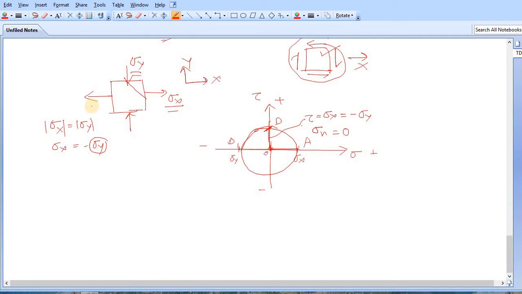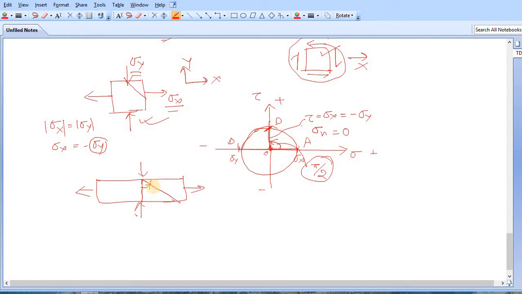And if I ask you to find the plane in the actual body, obviously you can do this. How? You have to simply draw the plane. You know that, let's say this was the original plane, and you get this plane by rotating the radius anticlockwise by pi by 2 in the circle, and in the actual body it will be pi by 4.